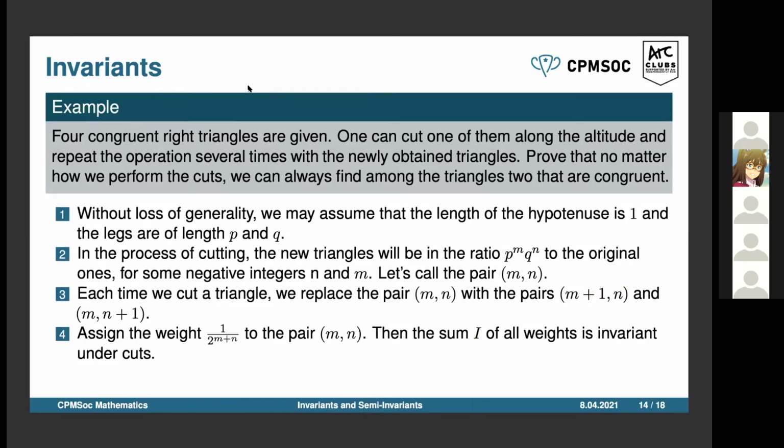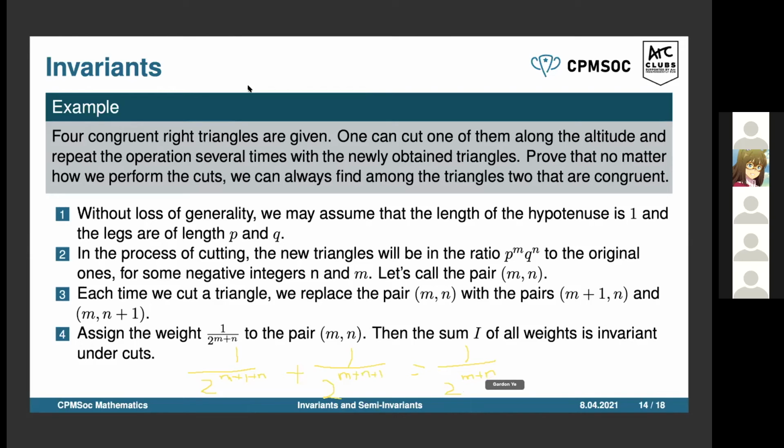So this is the interesting bit. We will assign the weight 1 over 2 to the power of M plus N to the pair M, N. And therefore, when you're cutting the triangles up, your new weight will be 1 over 2 to the power of M plus 1 plus N plus 1 over 2 to the power of M plus N plus 1, which will still equal 1 over 2 to the power of M plus N. This is our invariant of the question, right?